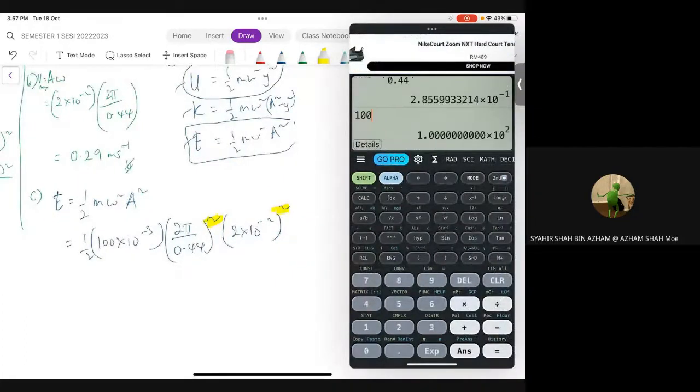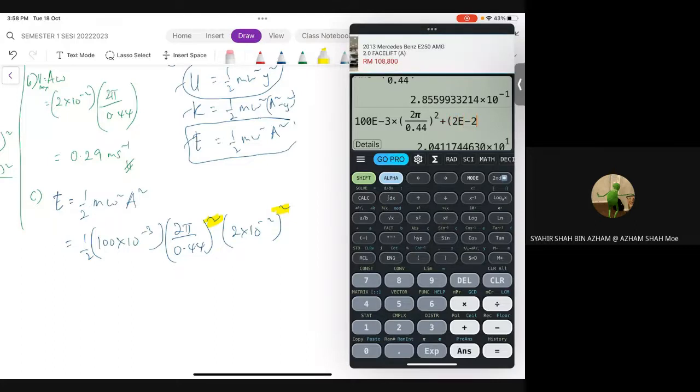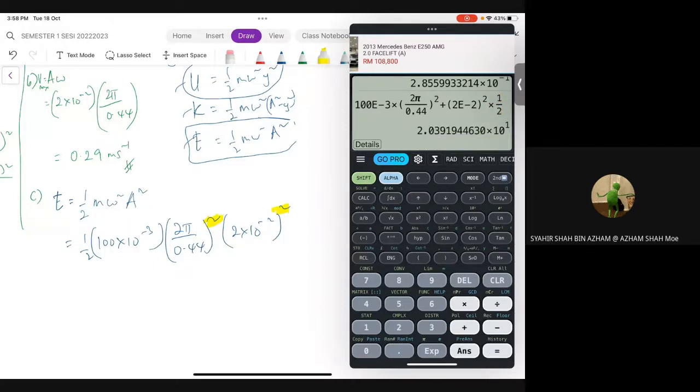So 100 kuasa negatif 3 darab buka bracket 2 pi bagi 0.44 tutup bracket squared, darab buka bracket 2 power of negative 2 squared, times 1/2. Saya terlupa nak tulis 1/2 tadi. Okay, so jawapan dia adalah 20.39 Joule.